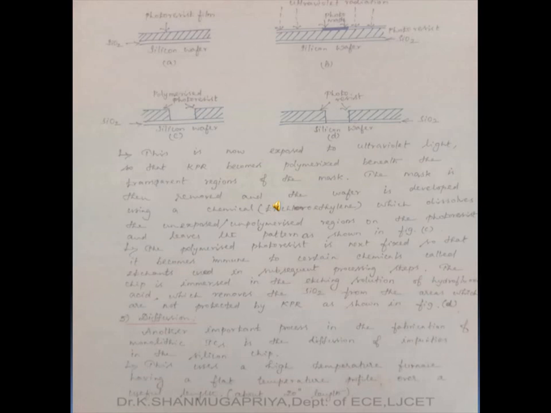After completion of the photolithography process, we will go to the diffusion process. Actually, it is an important process in the fabrication of monolithic ICs. This utilizes a high temperature furnace having a flat temperature profile of about 20 inches length.